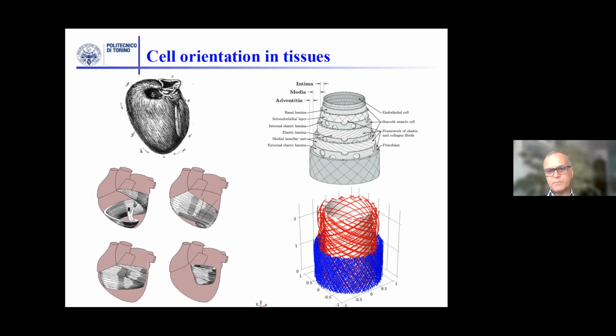Okay, it is thought that this might be one of the causes of the formation of the aneurysm. That is, if the cells are oriented in not a nice way, then you form a dilation of the aortic walls. Okay, it is not clear yet, but it is one of the possibilities.